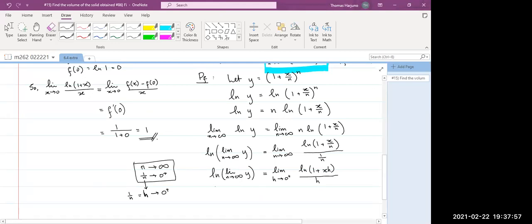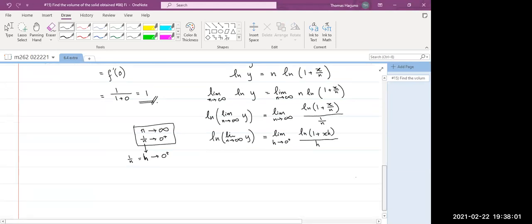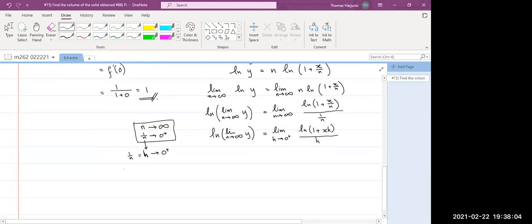Now, if h is going to 0, then xh, which I will call u, will also go to 0 positive. Imagine if I multiply h, which is very close to 0, by x, and I call that u.